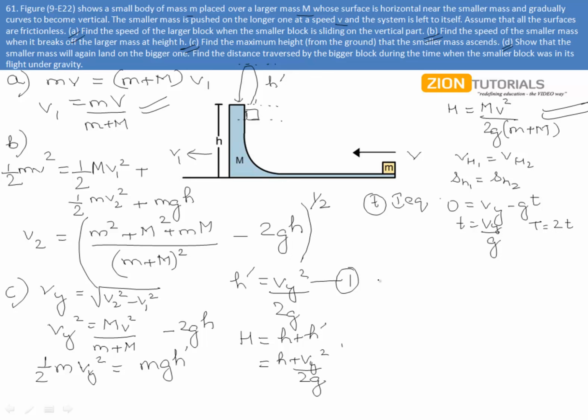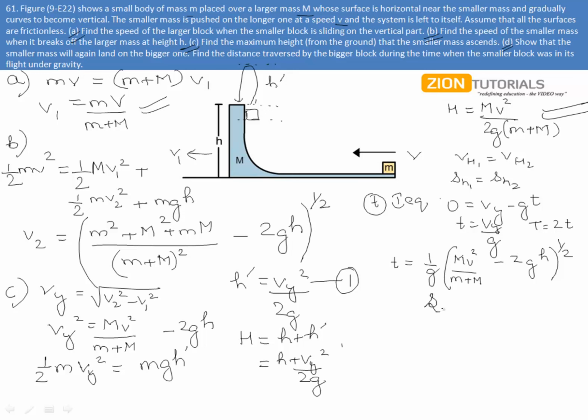Now I can write the value of small t from that to be 1 by g times the square root of (M v square upon M plus m minus 2gh). I have already mentioned that capital T is twice of t.